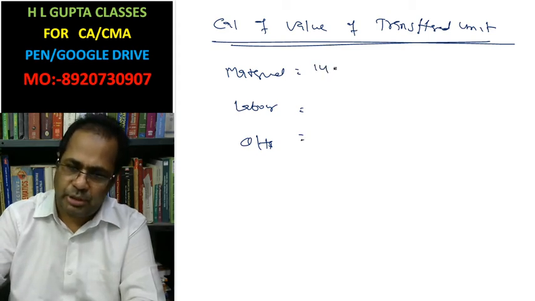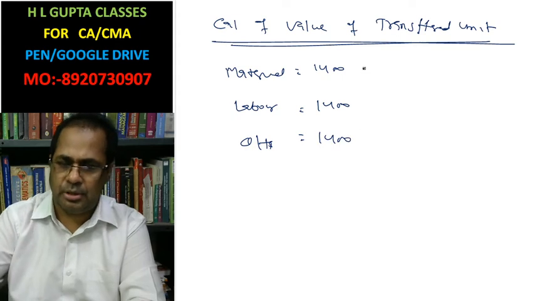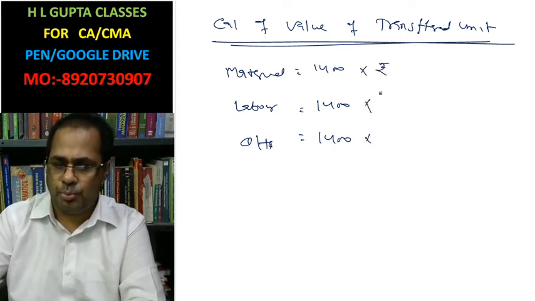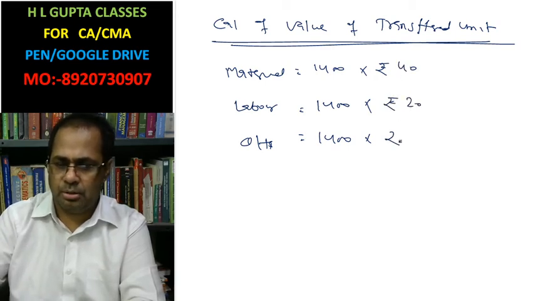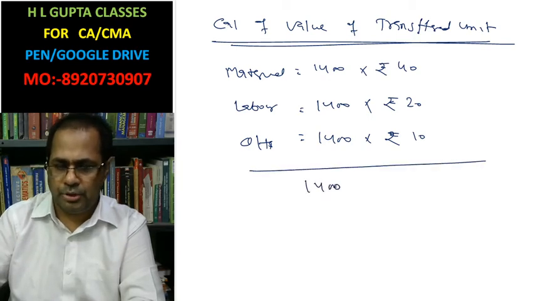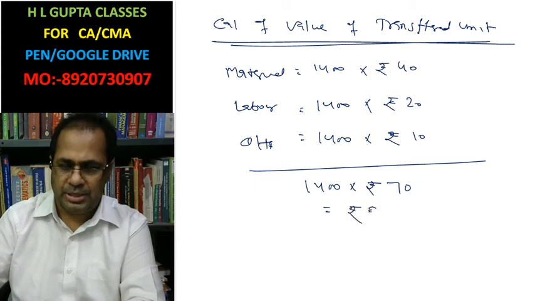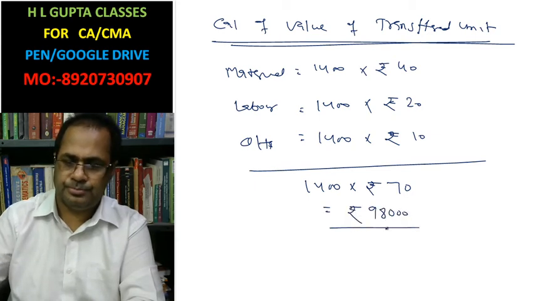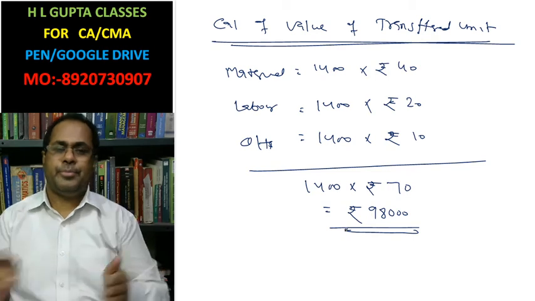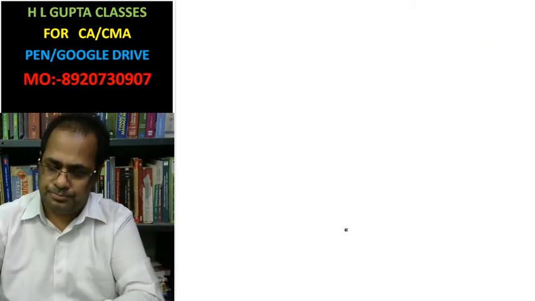Material, this is 1400, this is 1400, this is 1400, into rupees 40, rupees 20, rupees 10. 1400 into rupees 70, rupees 98,000. Okay. Now you have to form the process accounts.